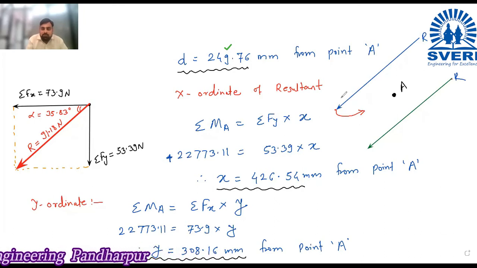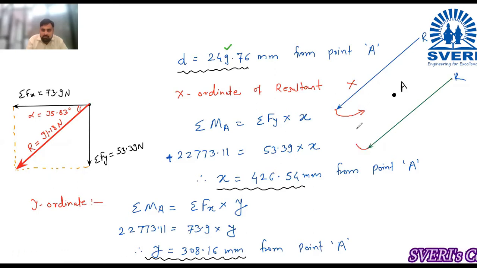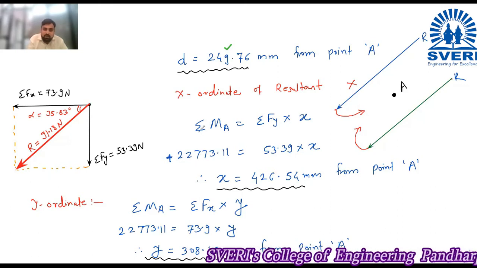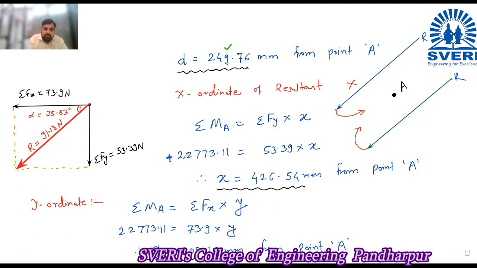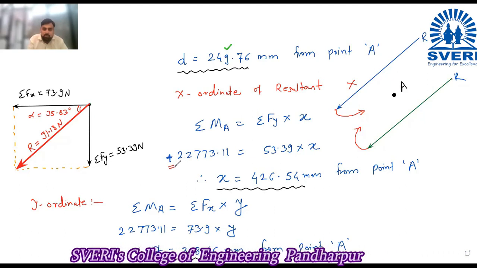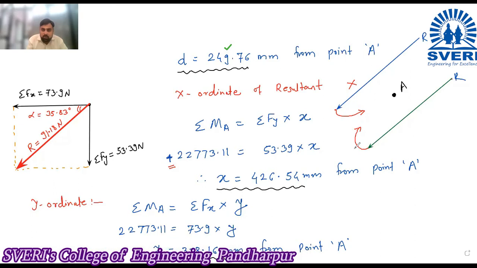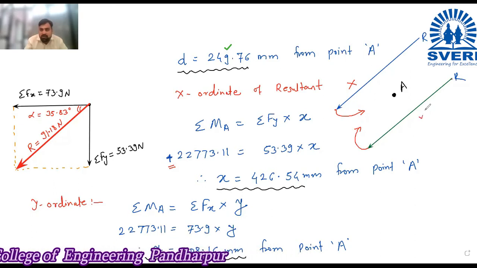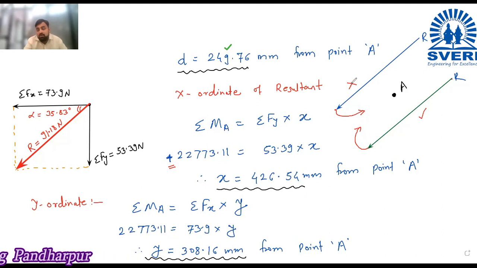So it should not be the direction of the resultant, because it is anti-clockwise. Now if I rotate this, it is rotating in clockwise direction, and we have got summation M as positive. So our resultant must rotate in clockwise direction. So this direction is correct, and this is not correct. In this way you have to determine.